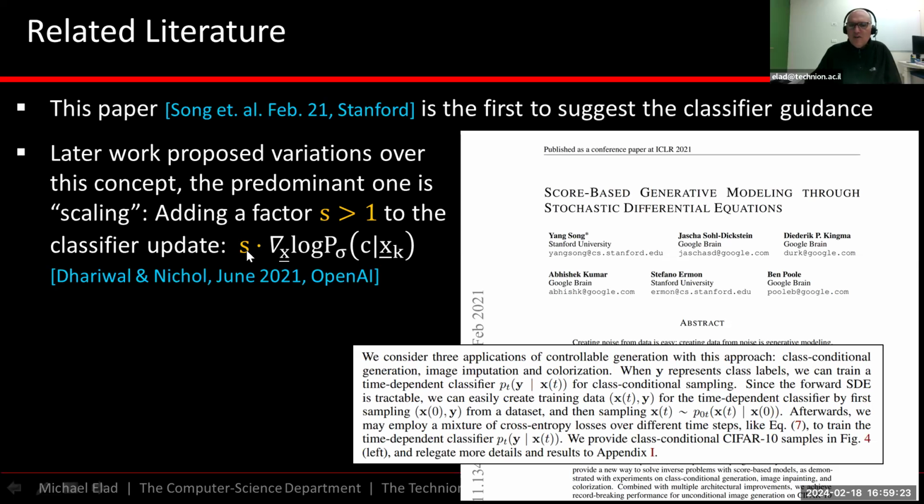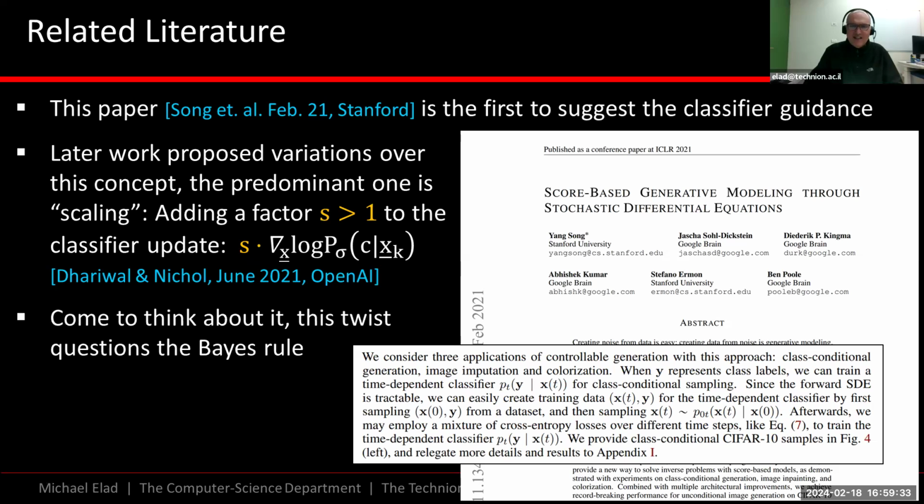And they noticed that if they take this S and squeeze higher values with it, they get more pronounced results. That's more beautiful results. This is really strange. I've seen statisticians joke about it and say that this is the new Bayes rule, where instead of the regular Bayes, you have this conditional with the power of S here, which is, of course, nonsense. So why do this? Why do the scaling?